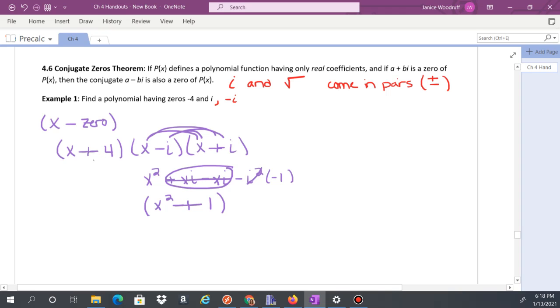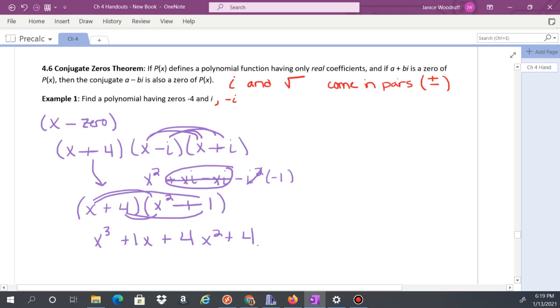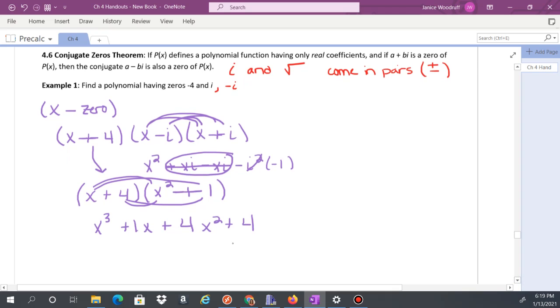Then take that x plus 4 and bring it down. Multiply that out. So you've got x times x squared, it's going to give you an x cubed. x times 1, 1x. 4 times x squared, 4x squared. 4 times 1, 4. So we have the polynomial.